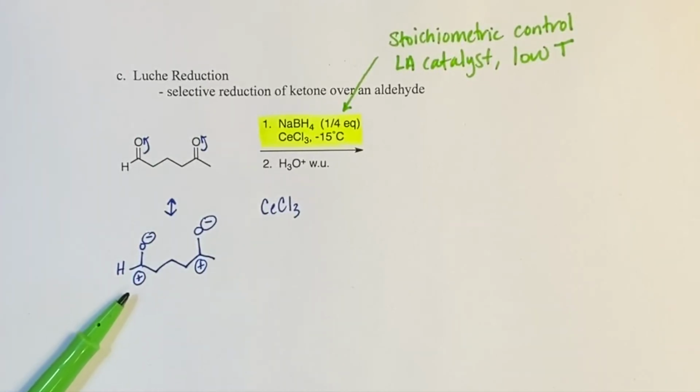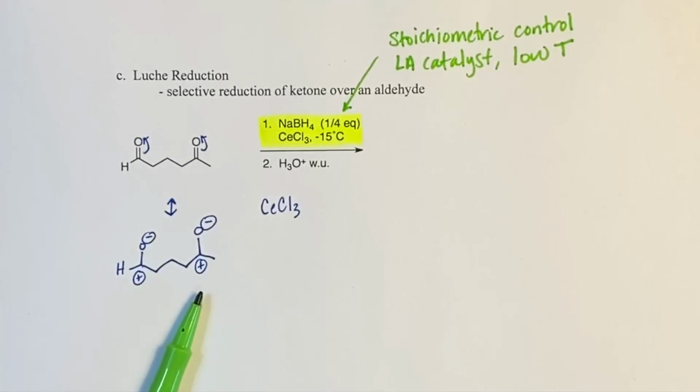When I look at my aldehyde and my ketone in this example, what I know is that the carbon of this ketone is more stable with that positive character because it has two alkyl groups there to help stabilize that positive charge. In the case of the aldehyde, we only have one alkyl group present there to help stabilize that positive charge.